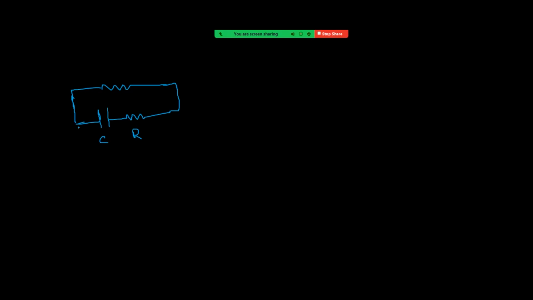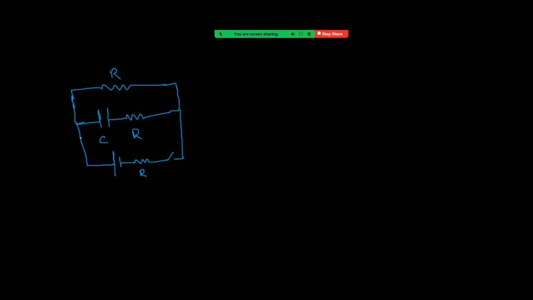Now we are connecting to a battery. Let us take it has some resistance. It is also R. This is R, and the switch is like this.